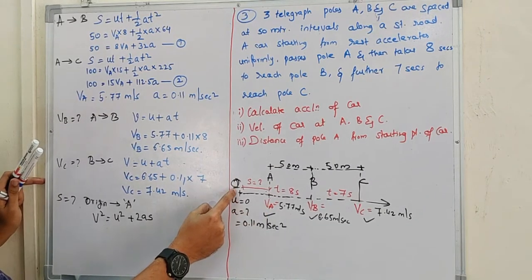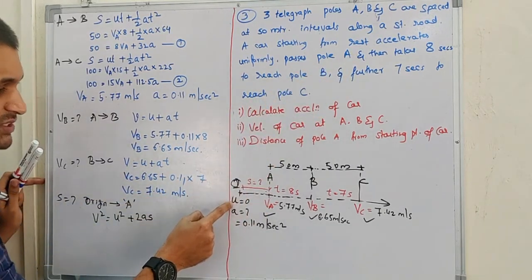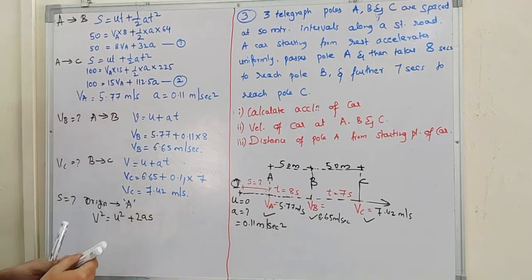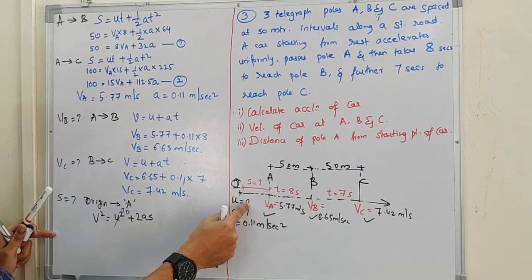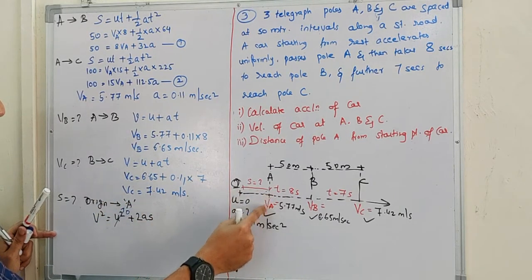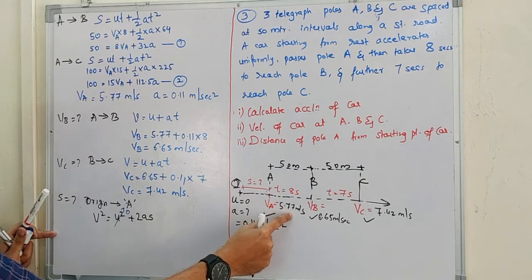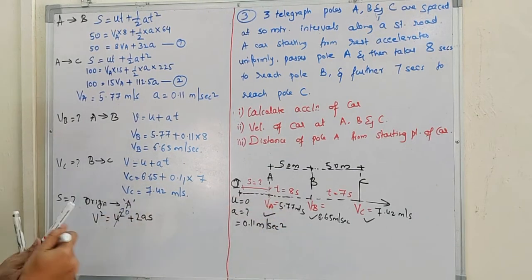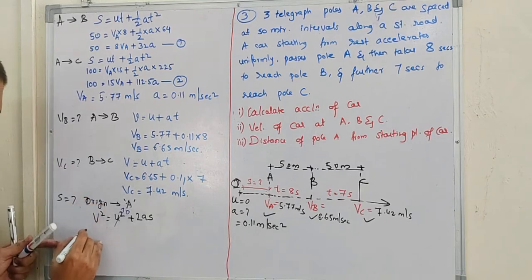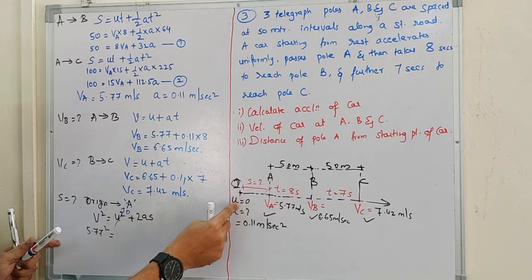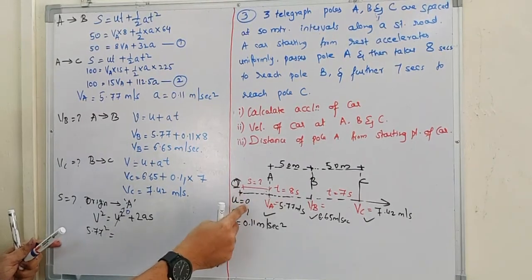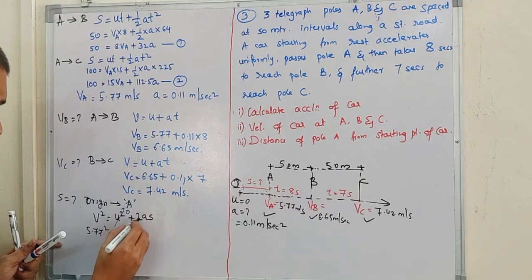From the origin to here, this becomes the initial velocity, and here this becomes the final velocity. From the origin, the car is starting from rest, so the initial velocity will be 0, therefore this term gets cancelled. Taking from origin to pole A, VA becomes the final velocity, so the final velocity will be 5.77. So this will be 5.77 whole square, plus the initial velocity at origin, which is 0, plus 2 into acceleration 0.11, and S is the distance we have to calculate.